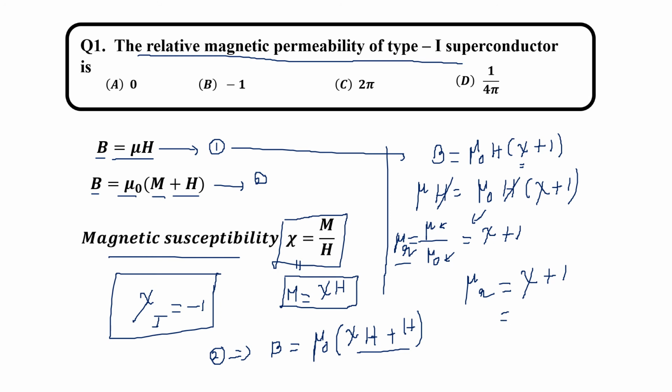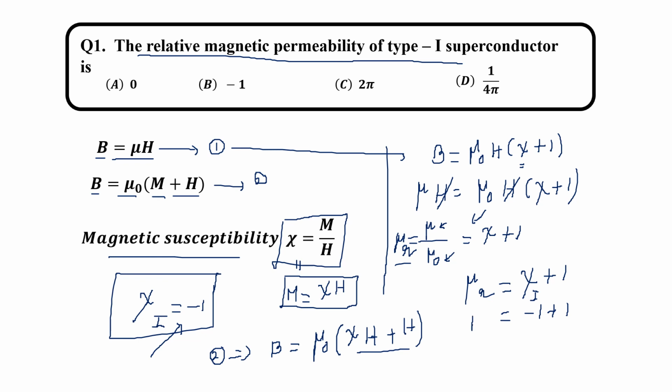We know that for the type 1 superconductor, because type 1 superconductors are diamagnetic, the diamagnetic susceptibility value is -1. Here we already represented this using the equation, so we can substitute this -1 here. If you substitute chi for the type 1 superconductor as -1, the +1 is already there.